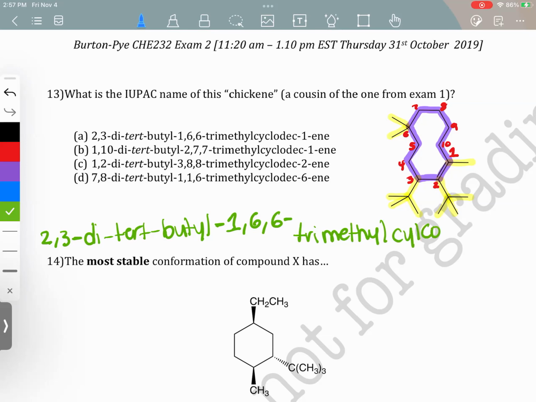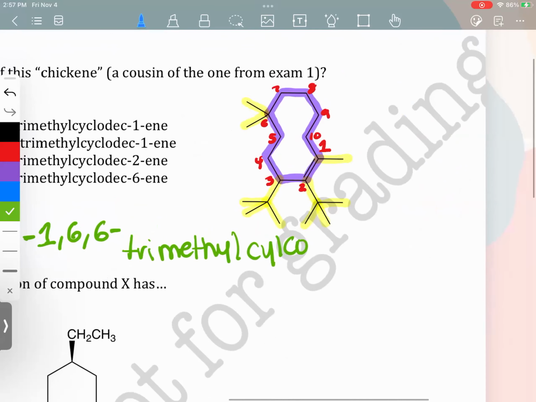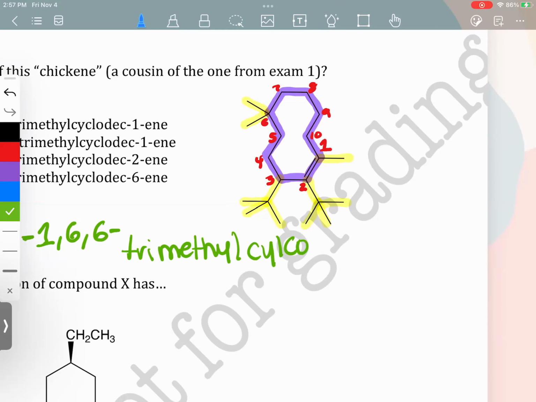Cyclo. So what's the carbon name for 10 carbons in the chain? Decane, right? So in this case, we do dec. We do have to include in the ending where the double bond begins. So it begins from carbon number 1.